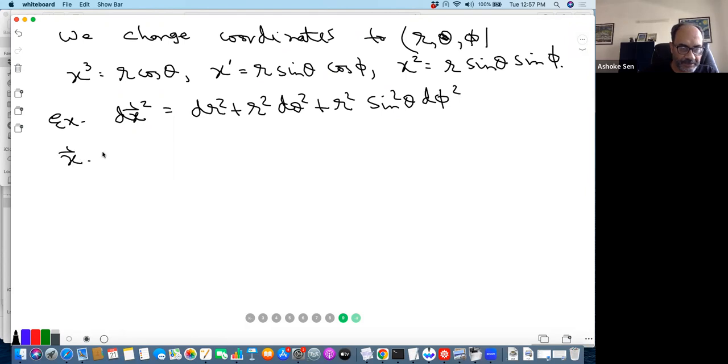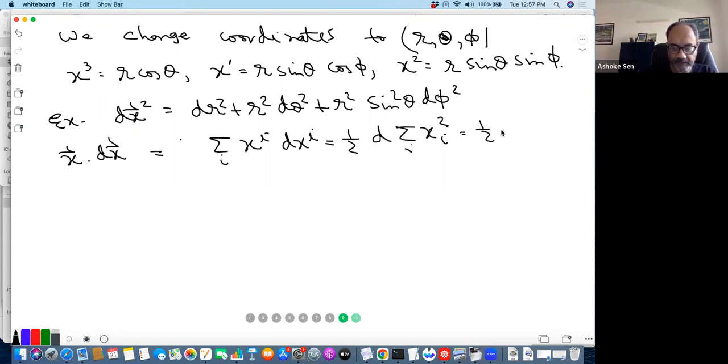This one, x dot dx, we can write as half the sum over i of x_i dx_i, which is half d of the sum over i of x_i squared. So that's half d of r squared, and that's r dr. So dx squared has this expression in terms of r, theta, phi, and x dot dx has this expression in terms of r, theta, phi.